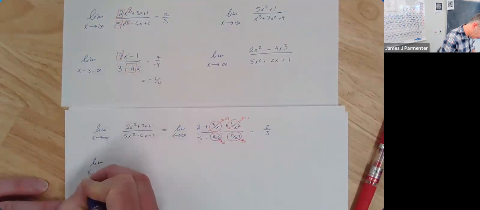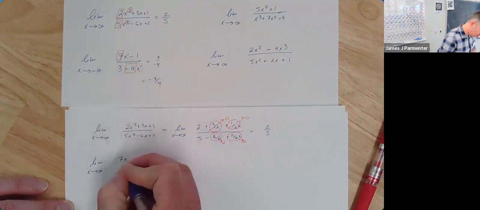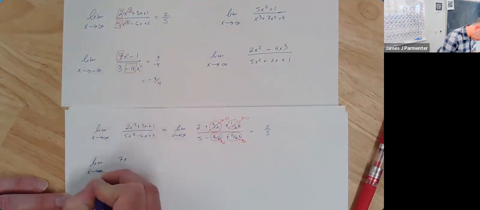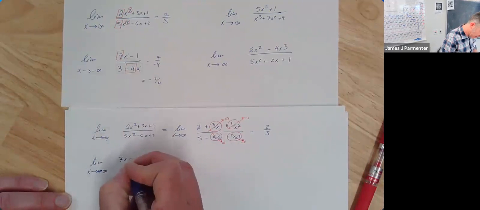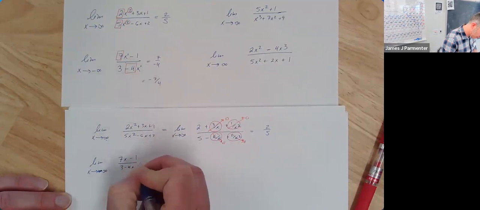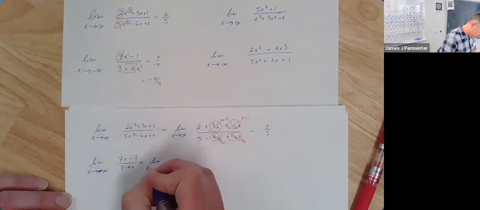The limit as x goes to minus infinity, apologies, of 7x minus 1 over 3 minus 4x. We divide everything by x.